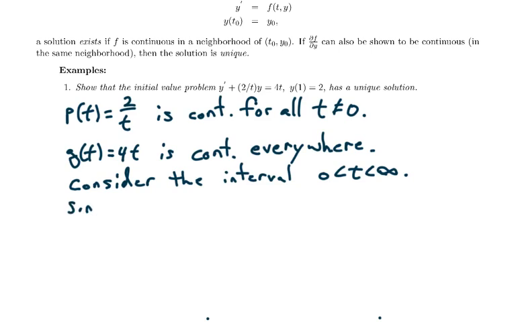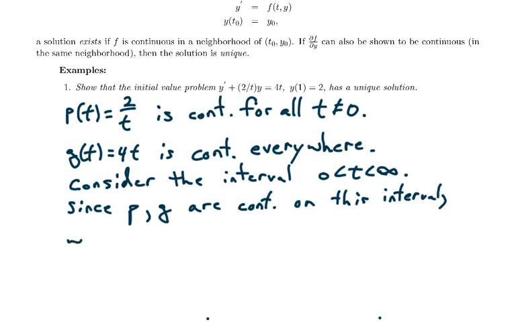Since p and g are continuous on this interval, which contains the initial condition t0 equals 1, we know that a unique solution exists.